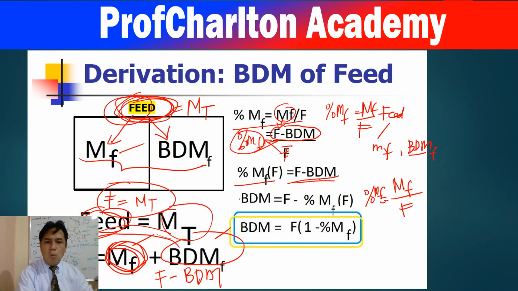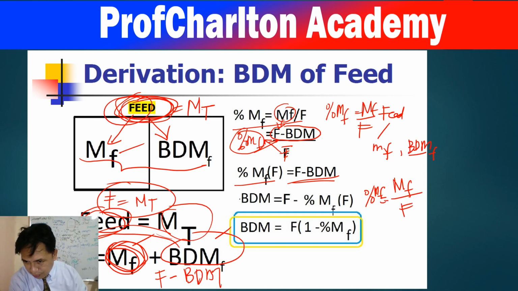As you can see, what could we do with this? We can try to transpose and then rearrange if there are common factors. How do we rearrange and manipulate this equation?